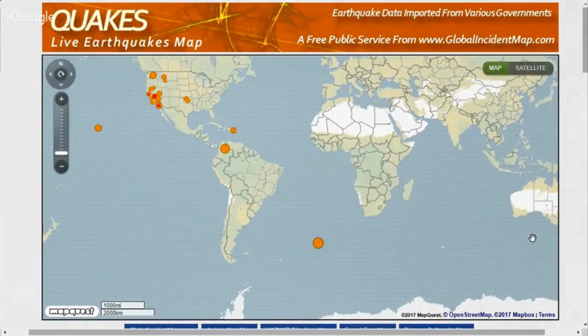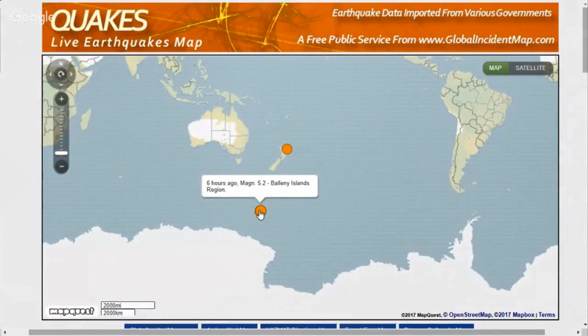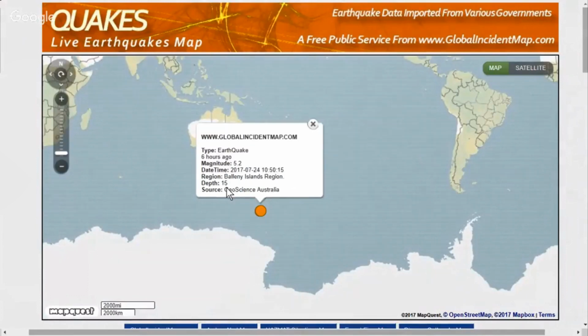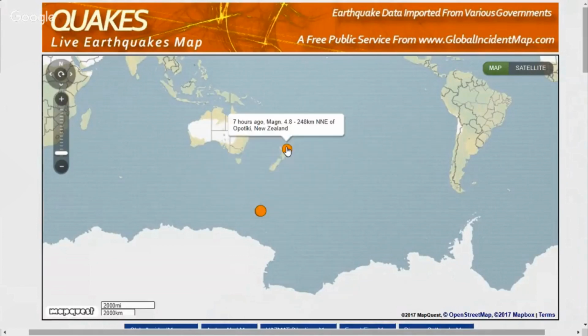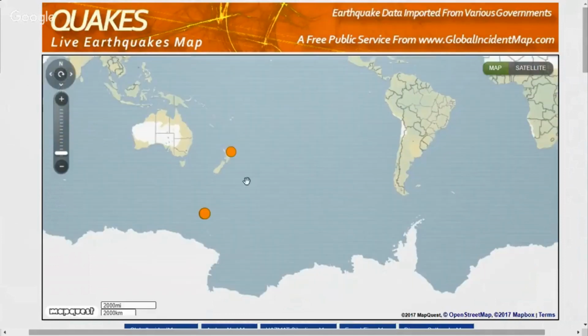These aren't all the earthquakes either, folks. There's plenty more in the European region. Magnitude 5.2, only 15 kilometers. That's 4.8 in New Zealand, at 93 kilometers. Well, hopefully that dropped a boulder on Daz's house in the northern islands of New Zealand.